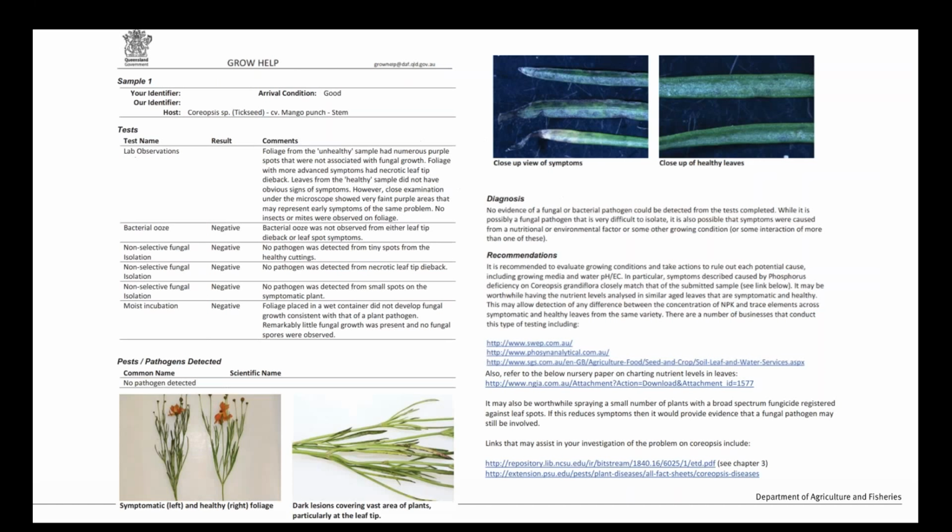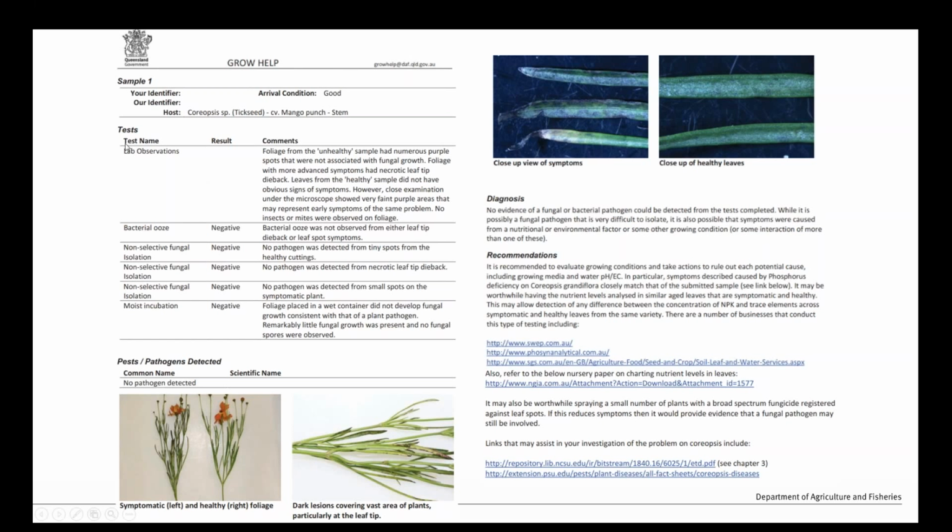We've had people take the final reports, for which this is an example, and use them to educate their staff. They take the close-up pictures of the symptoms, then they can use that with their microscope and go, oh, that looks like that. And they can build a library of different problems that may occur on different plants.